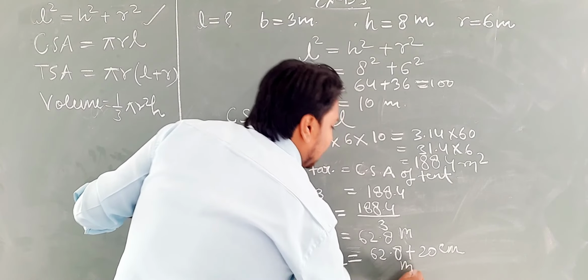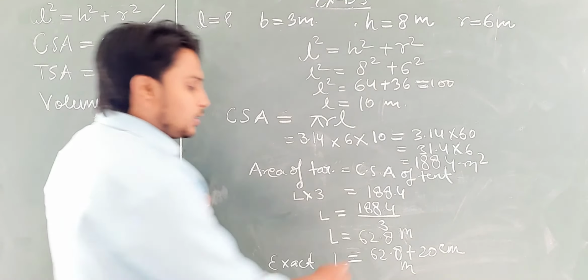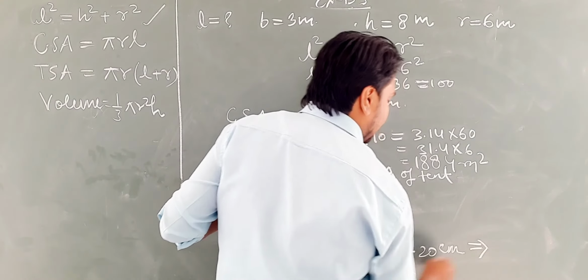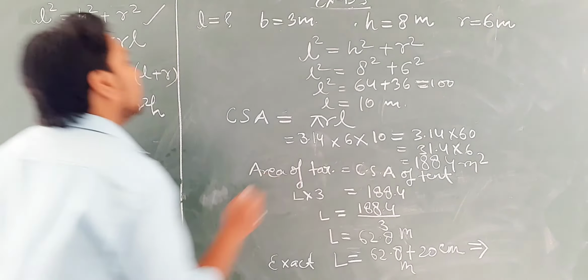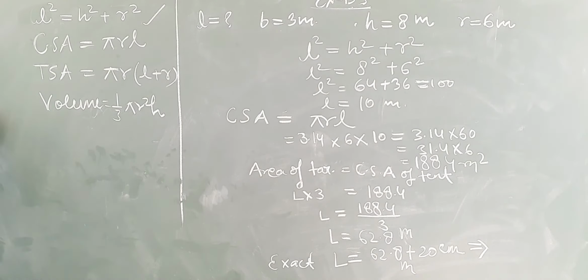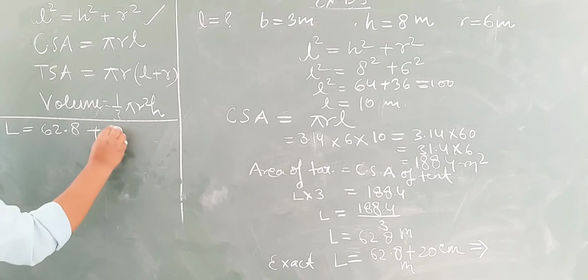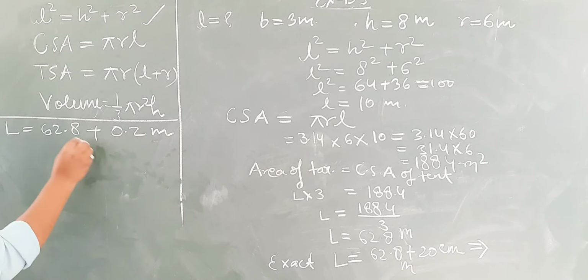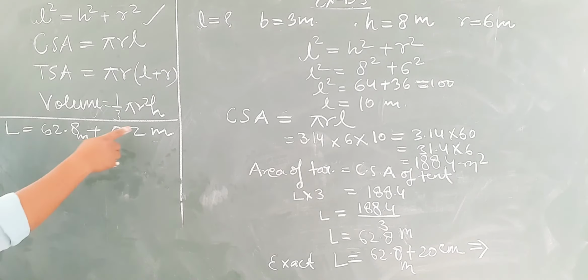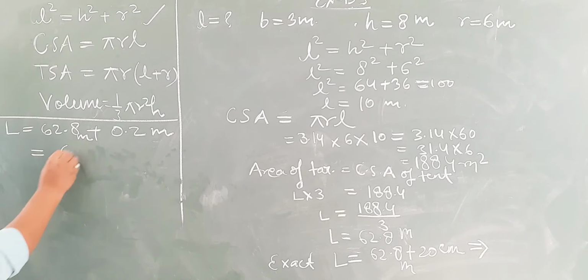Here it is in meter and here it is in centimeter, so 20 centimeter can be changed into meter, so it will be 0.2 meter. Now 62.8 plus 0.2 will be 63 meter. So the exact length will be 63 meter.